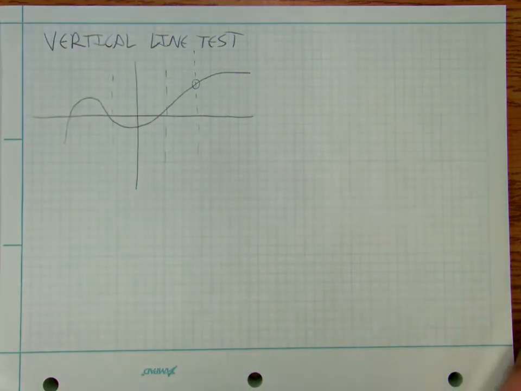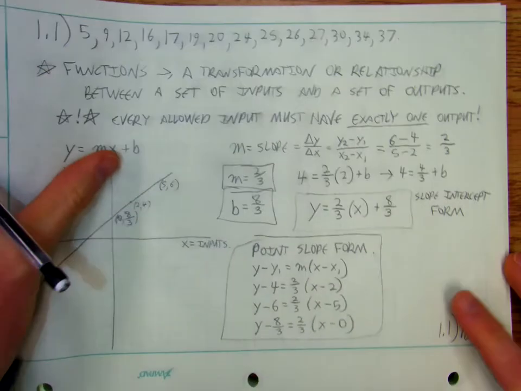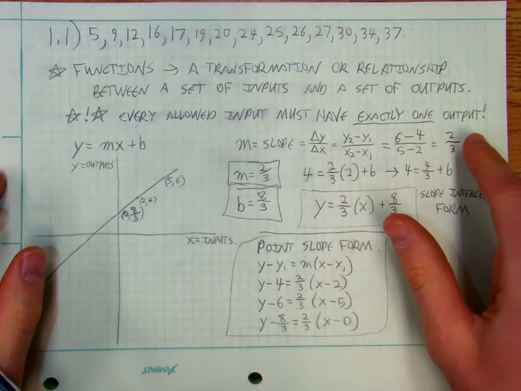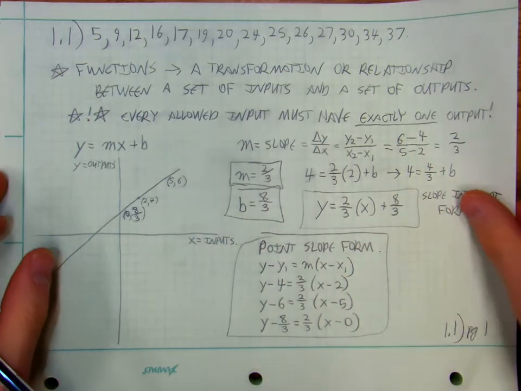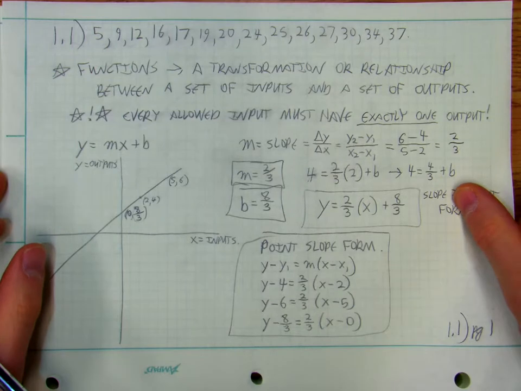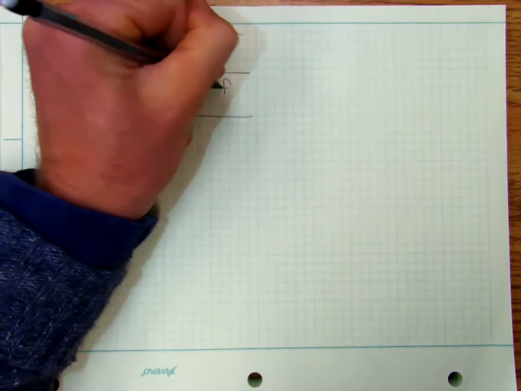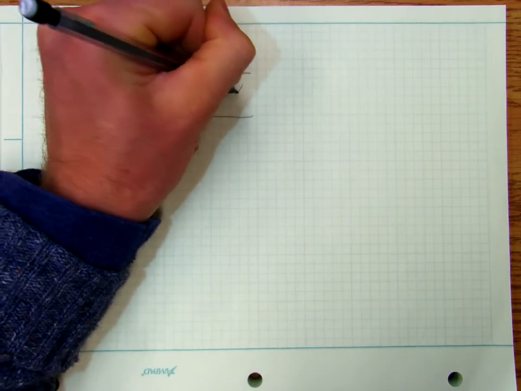And so if I go back and I look at this, every allowed input must have exactly one output. That's critical to the definition of a function. So here, this is a function of x.